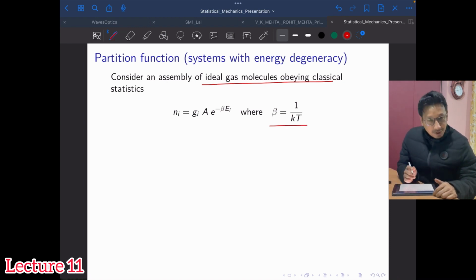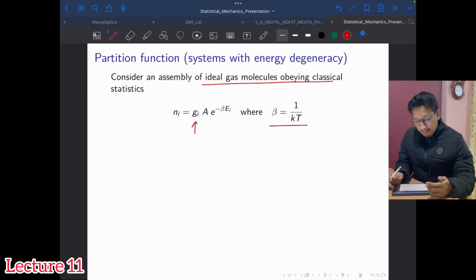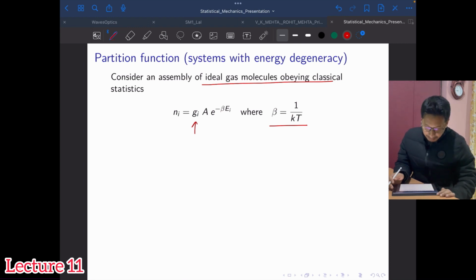A is the constant which we have discussed earlier, and Gi is the degeneracy, or the number of cells in a zone, if you remember from the earlier lecture, which have nearly the same energy. So in fact, Gi is the energy degeneracy of the system.